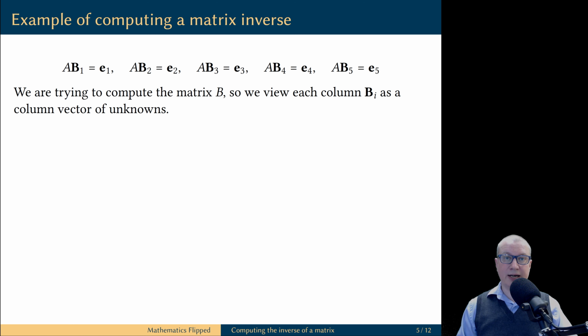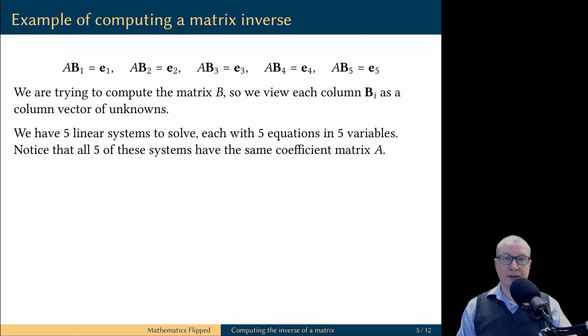But these 5 vector equalities can be regarded as linear systems, where A is the coefficient matrix, the standard unit vectors are the vectors of constants, and the columns of the unknown matrix B are our vectors of unknowns. We need to find the 5 unknown columns of the matrix B, and therefore we have to solve all these 5 linear systems.